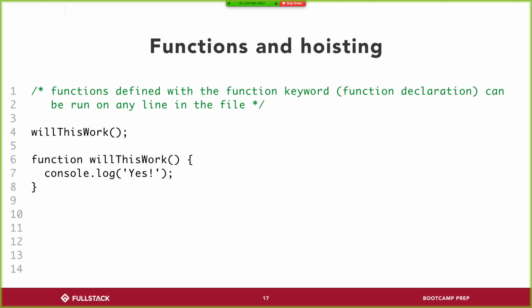So functions. What's cool about this is, does anybody have any guesses what this will log when we call the function before we even declare and assign it? Yes, it'll log, because of hoisting.